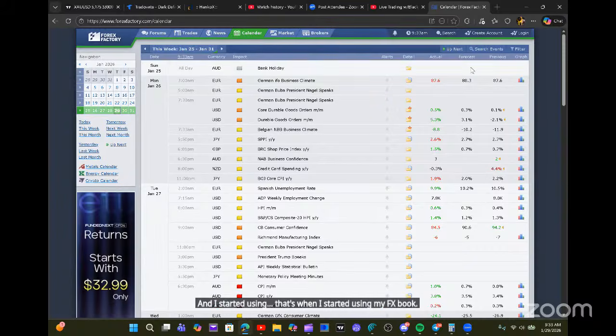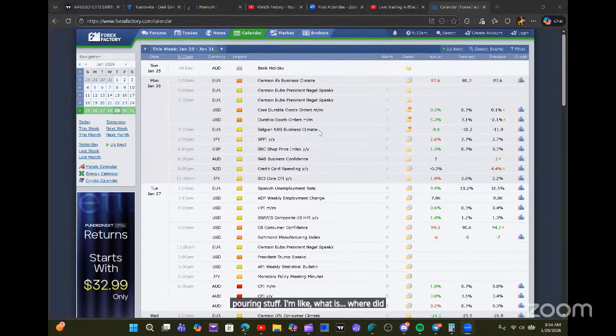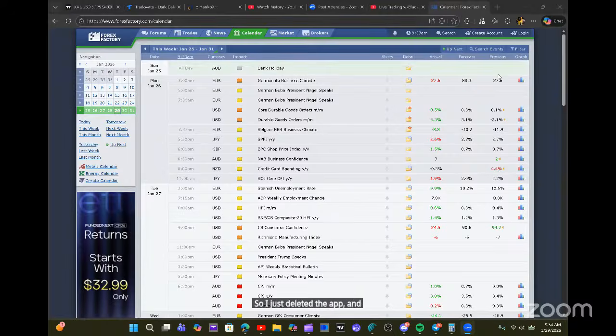I thought they had got hacked or something. For real, I'm telling you, man, it was all kind of porn stuff. I'm like, where did this stuff come from? So I just deleted the app and I started using my FX Book. And I haven't used Forex Factory since then.